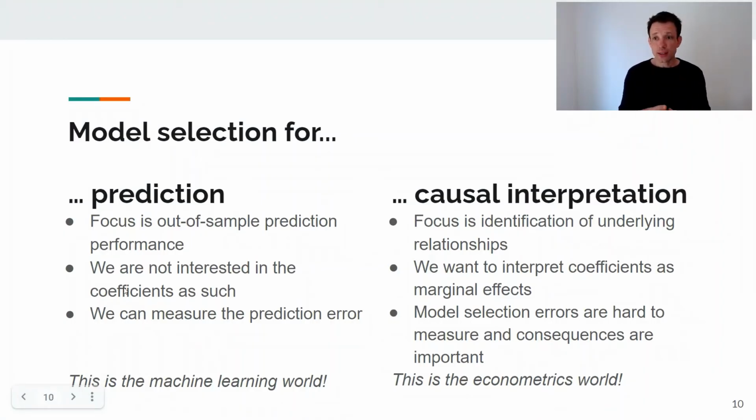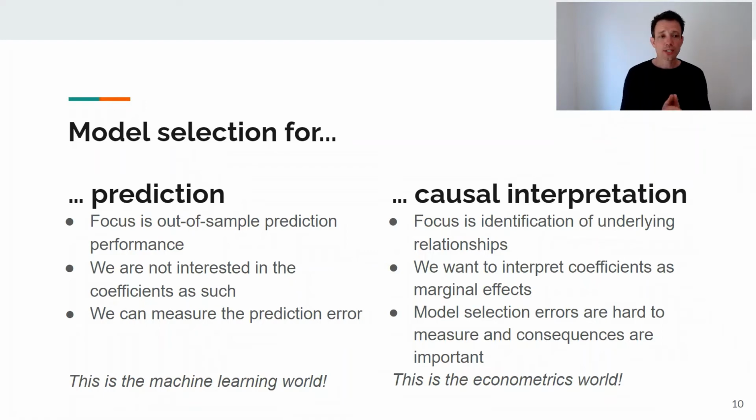The first thing that I wanted to make clear here is that it is fundamentally important to distinguish what the purpose of your task is. Is it a prediction task, or are you interested in causal interpretation? I think that is really core to understand what you're aiming for, because a lot of things depend on it, particularly in terms of model specification.